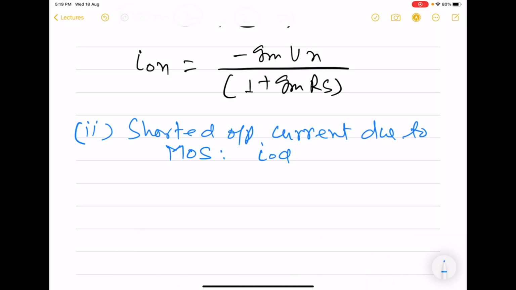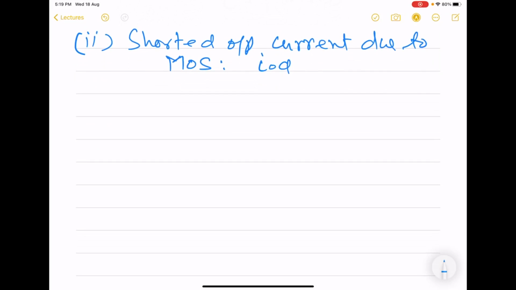So recall that in the previous two LNAs, this IoD used to be equal to ID, the total drain noise current produced by MOS. But in this case, it is not going to be the same. We will see.